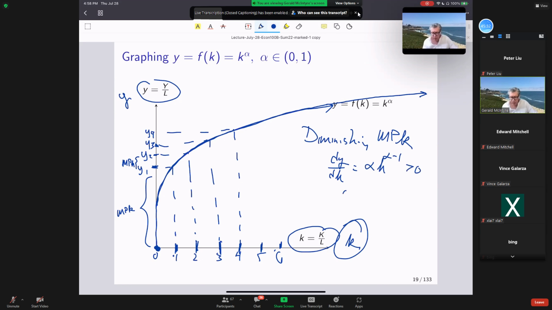That's positive, but the second derivative, which is alpha minus 1 times alpha k to the alpha minus 2, that's negative.